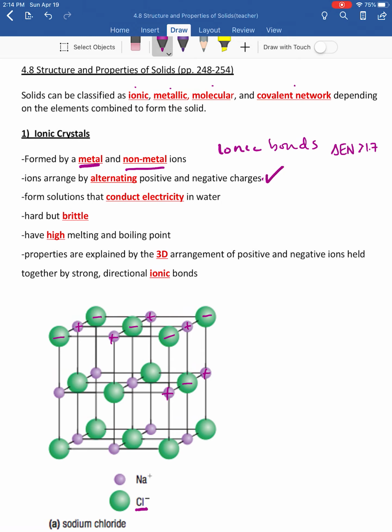Okay, so for that reason, these ionic crystals, when they are dissolved in water, so they need to be aqueous. So don't forget, when we talk about solid sodium chloride, and when we put it in water, we will end up with aqueous sodium ion plus aqueous chloride ion, right? So these guys will separate.